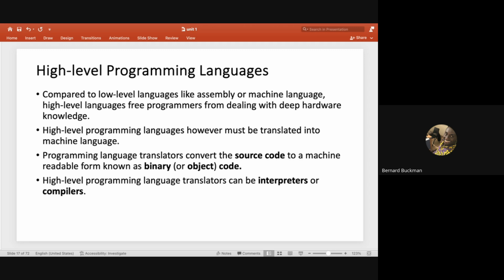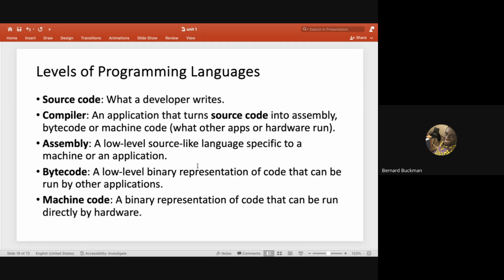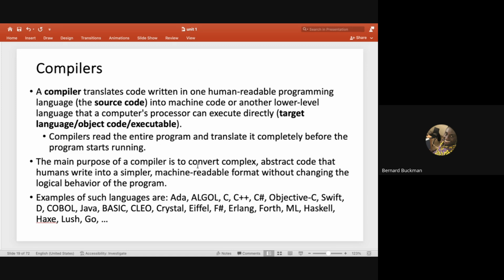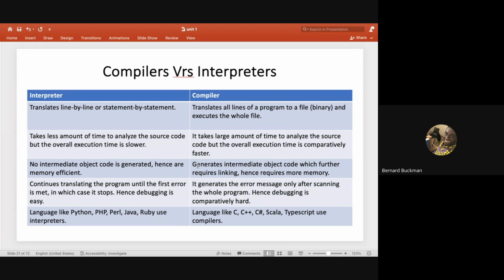A compiler is different because it takes the whole program you have written and translates the whole program into zeros and ones. We call that a target or object code or executable.